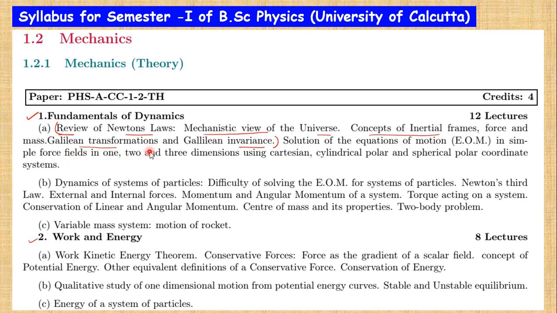A force field means a gravitational force field, electrical force field, magnetic force field, this type of force field. So in any force field we want to discuss the equation of motion in one dimension, two dimensions, three dimensions, using Cartesian coordinate system, cylindrical polar coordinates and spherical polar coordinate system.